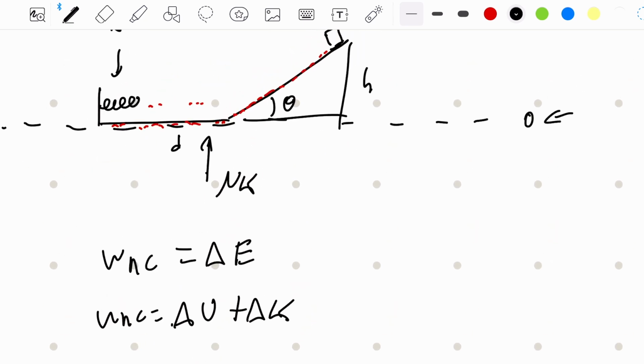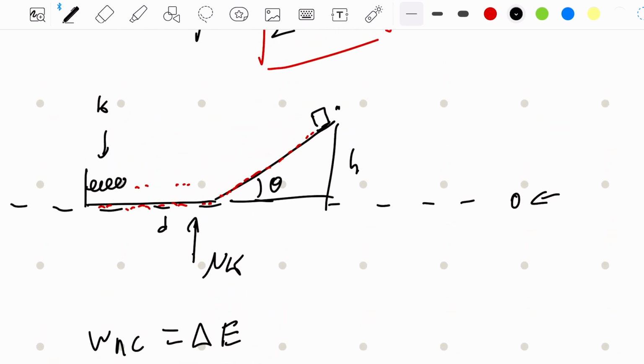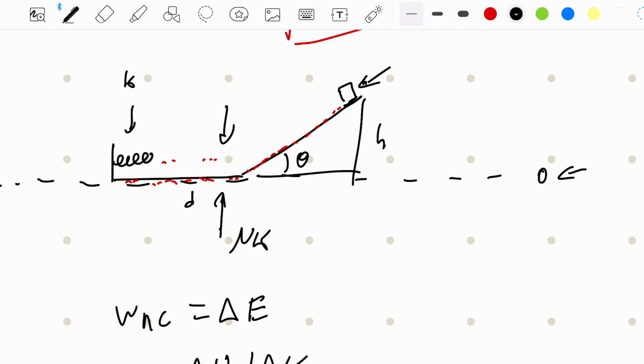So we have non-conservative work is equal to change in potential energy plus the change in kinetic energy. And what we want to do is just think of this like a video. We have frame 1 here, and we want to know what happens in whatever frame it's going to end up here. Realistically, you want to break this down into about 3 different motions. You want to break down the motion from when it starts up here to when it ends down here.